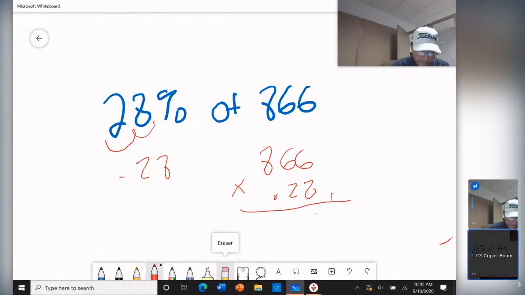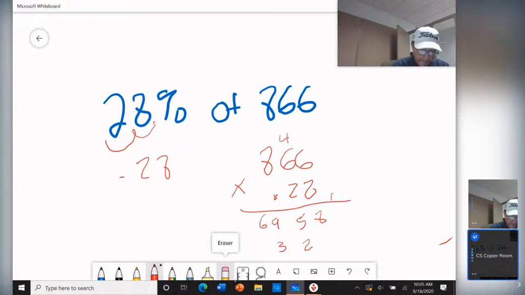Okay, 8 times 6 is 48. Carry the 4. That's 40, 52. Carry the 5. 8 times 8 is 64, so that's 69. And then 2 times 6 is 12. Carry the 1. 2 times 6 is 12.